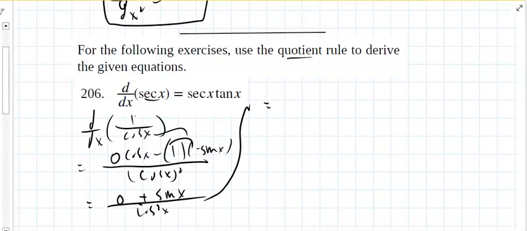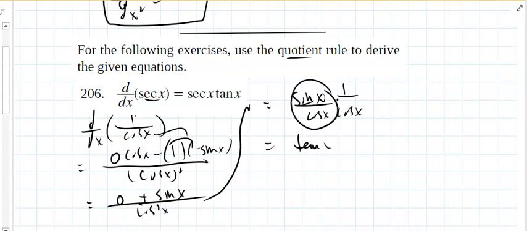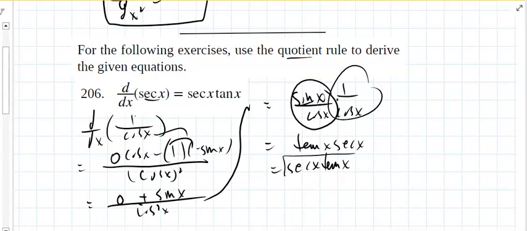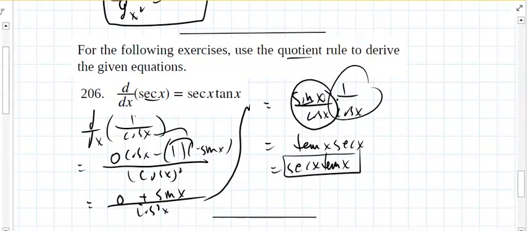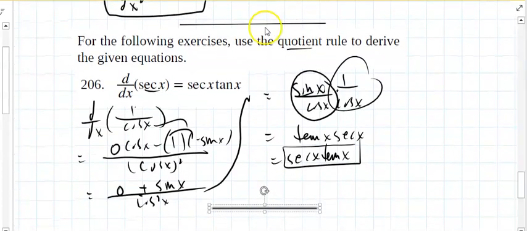And I could say that that is sine of x over cosine of x, cosine of x. And sine over cosine is the tangent, and 1 over cosine is the secant. Or you could simply write it secant of x, tan of x, because multiplication is commutative, and there it is. And that's pretty much it for this section.